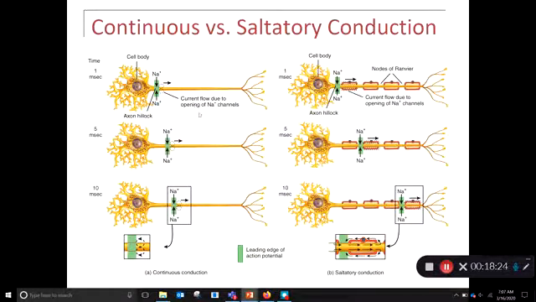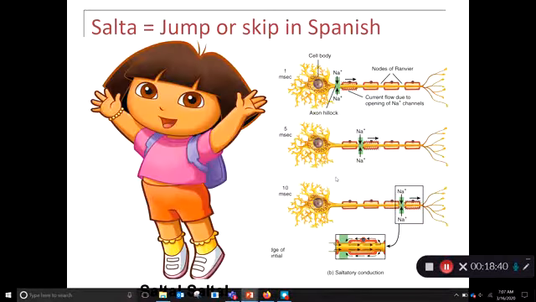Now, this one is called continuous, meaning that it's just a continual thing. Well, this one's a saltatory conduction. Those of you that are deprived of the Latin or Spanish-based language, let me go ahead and show you a wonderful little thing. Dora's here to help us. Yay, Dora! Salta, salta, you stinking taskbar.